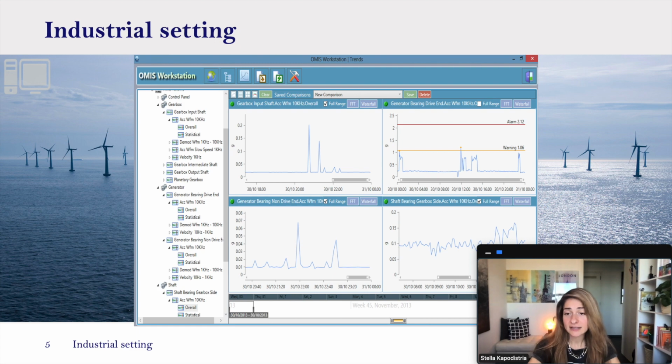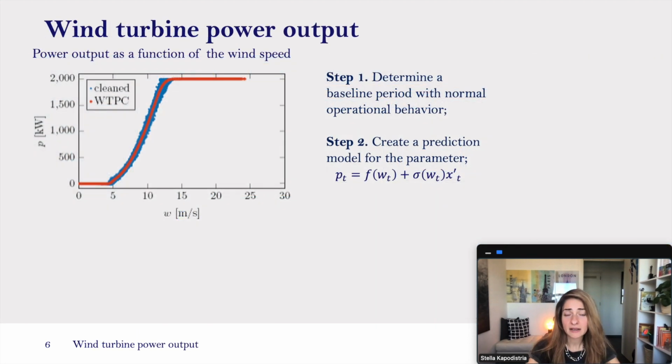We analyzed the data that we had from the wind turbine industry, and what we notice is that there is a very well known theoretical model of how the power output is supposed to work as a function of the wind speed. Our data set covers wind speeds starting from 0 all the way to 30 meters per second.